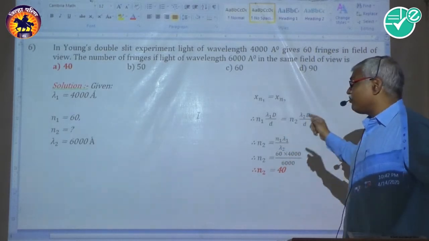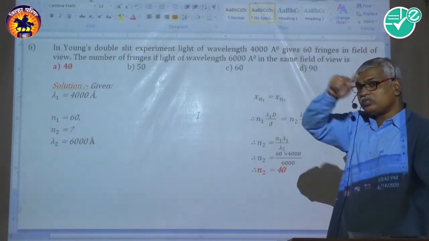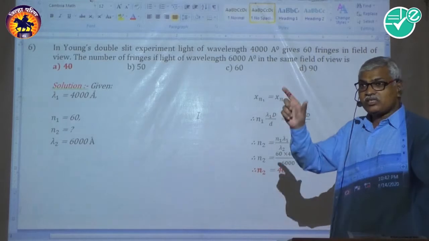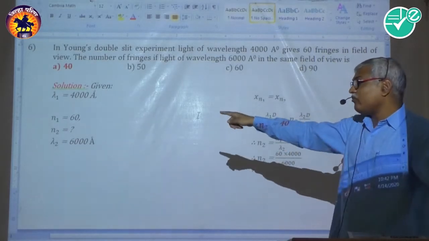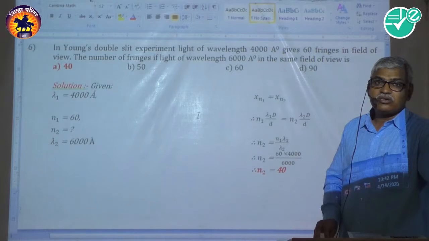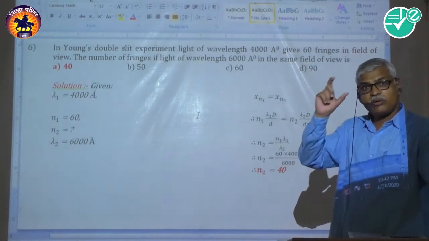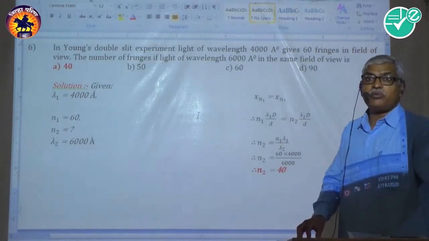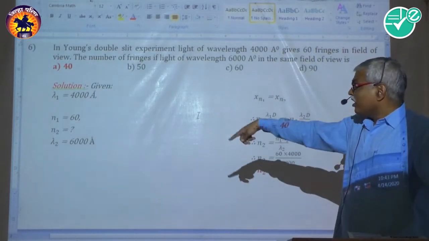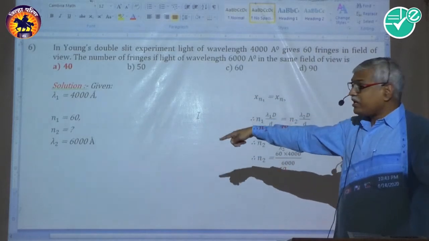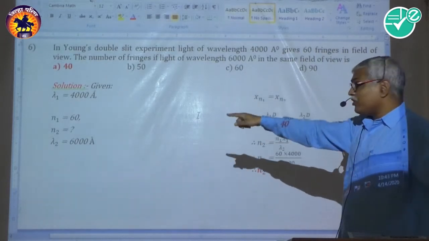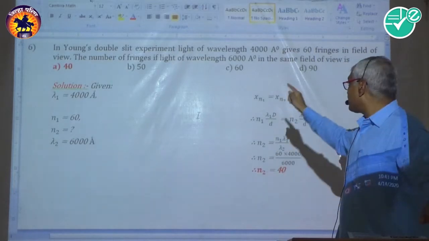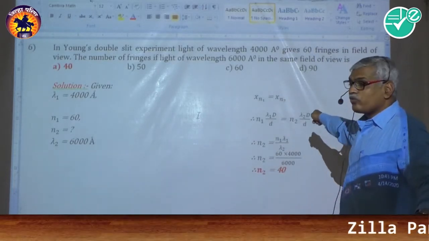In the same field of view means aperture is same, distance is same, and we have to calculate the value of L2. How many fringes we will see through the same aperture, the same field of view. Therefore, now write down the formula relating lambda and n. We have given that distance is same, therefore Xn1 is equal to Xn2.